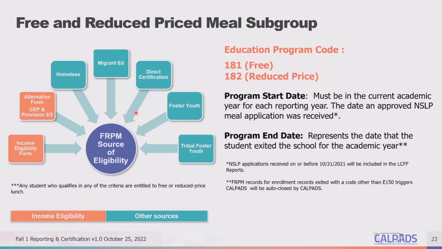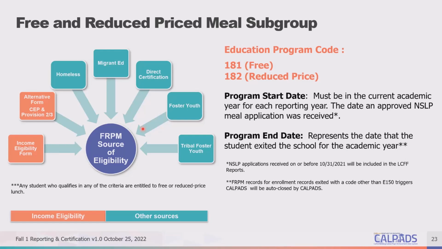Okay. So these are the sources. Once you determine those students based on the income form or alternative form, you then submit a 181 or 182, and then CalPADS includes those students in the FRPM meal subgroup.